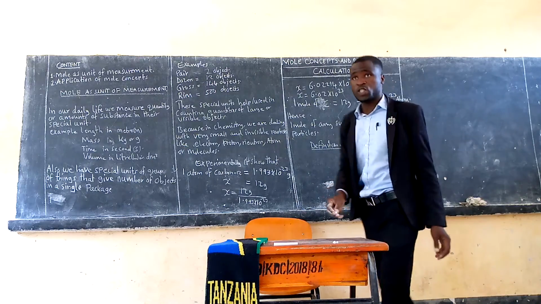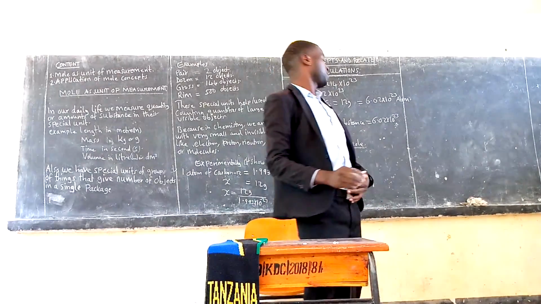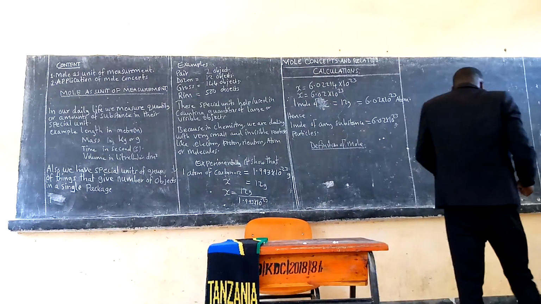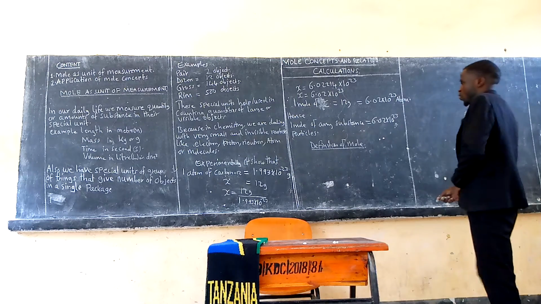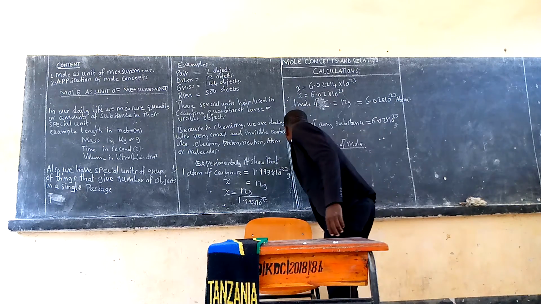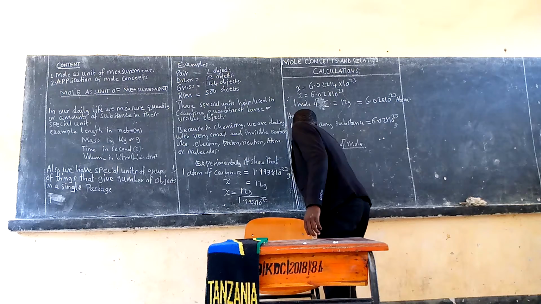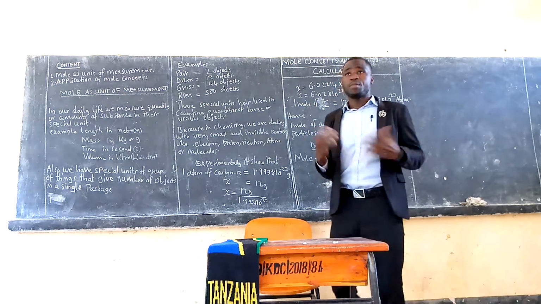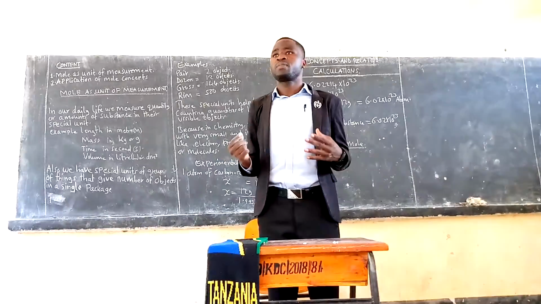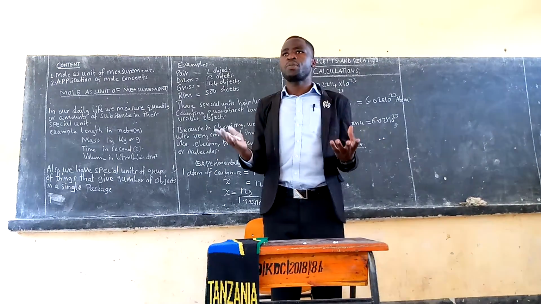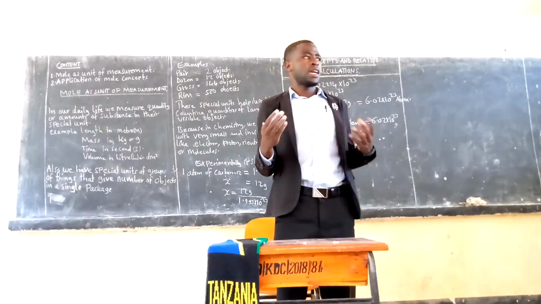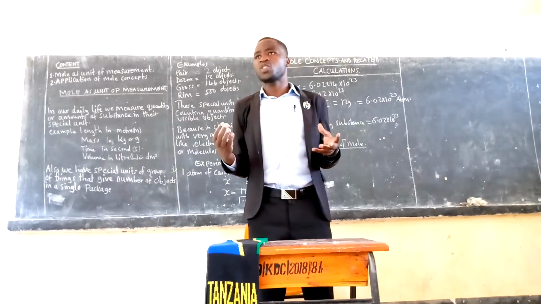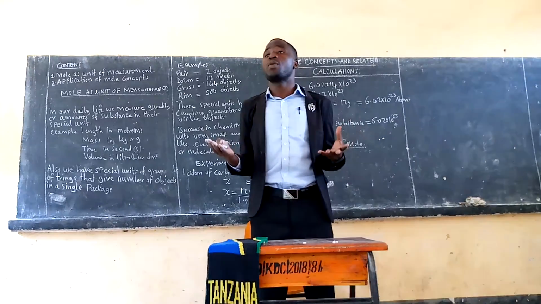By considering the standard reference, which is carbon, we can define a mole as the amount of a substance that contains as many elemental particles as there are atoms in 12 grams of carbon-12.